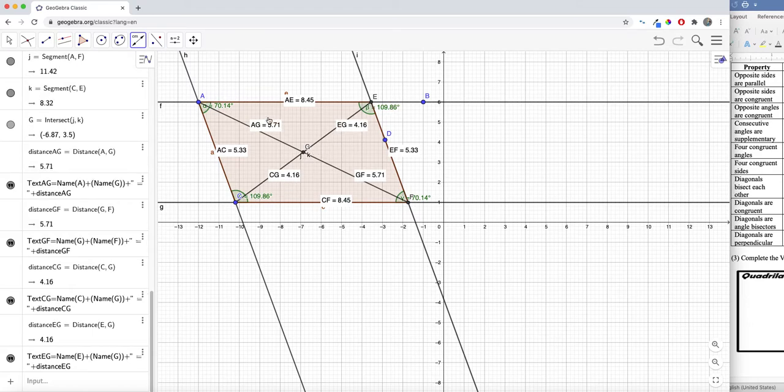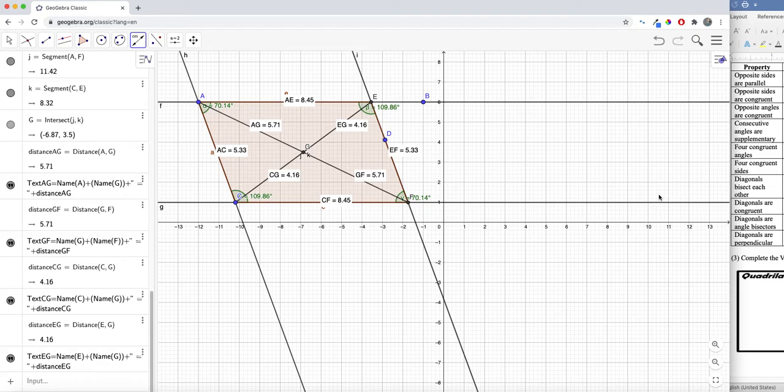Yep. So in a parallelogram, the diagonals bisect each other, meaning they split each other into two congruent segments. So we see that this is about 5.7 and these are about 4.2. Okay. Diagonals are congruent. That's not true because if we did 5.7 plus 5.7, it would not equal 4.2 plus 4.2.